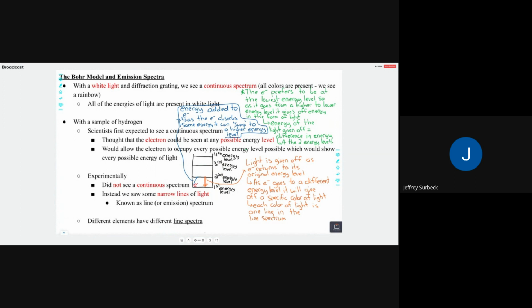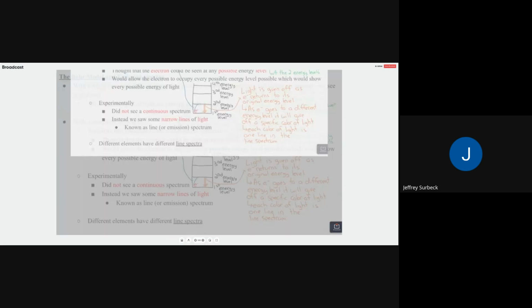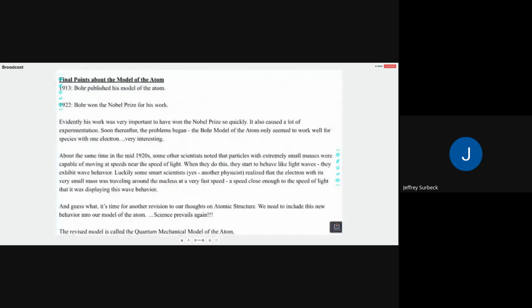Okay, so we talked a lot about what's happened here with our picture of the atom and with our particular dealings and inner workings of what is actually occurring here. Okay, I just want to make some final points about Bohr and his work.